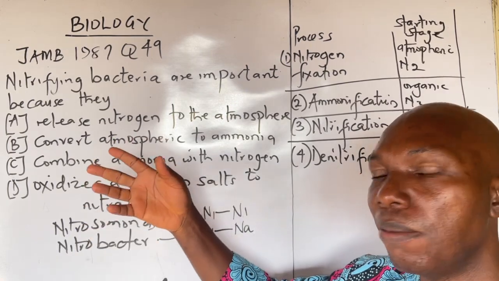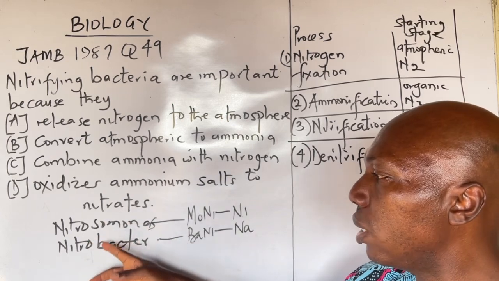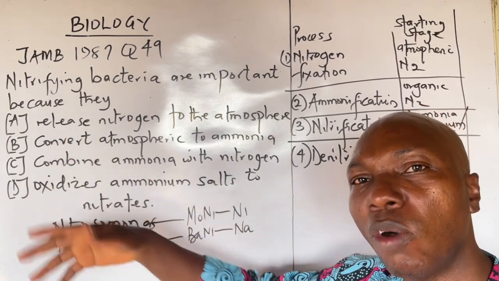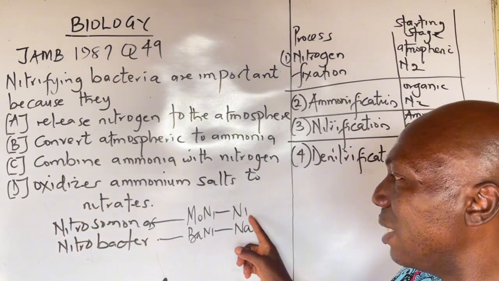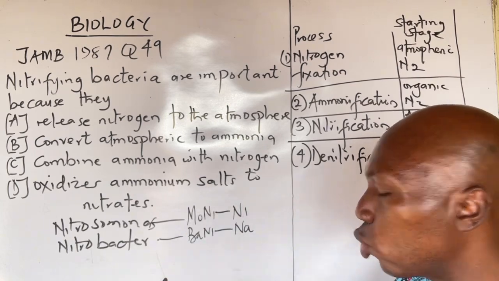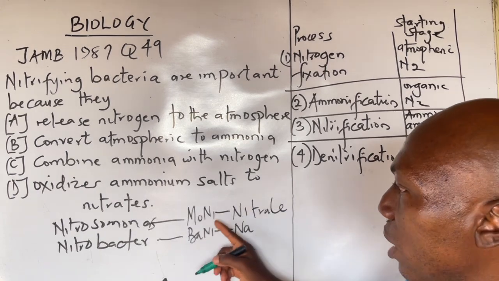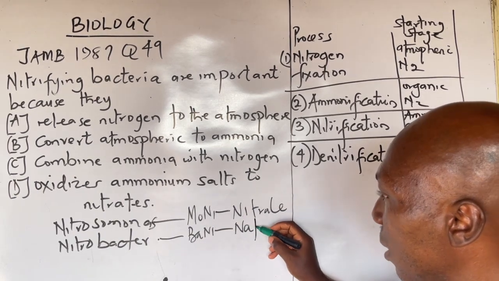Nitrification or nitrifying bacteria involves nitrosomonas and nitrobacter. It involves the oxidation of ammonium salts to nitrites first, and finally to nitrates. That's what I mean by monini and banana.